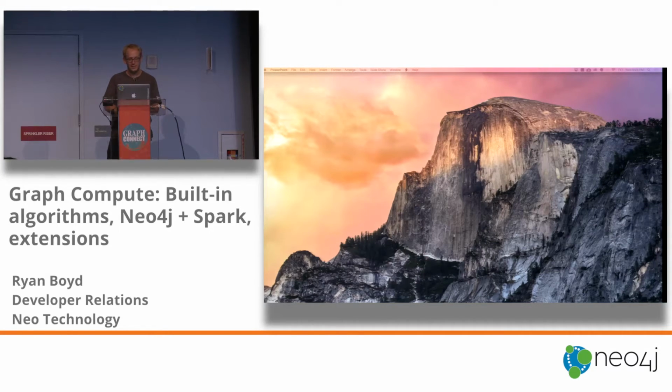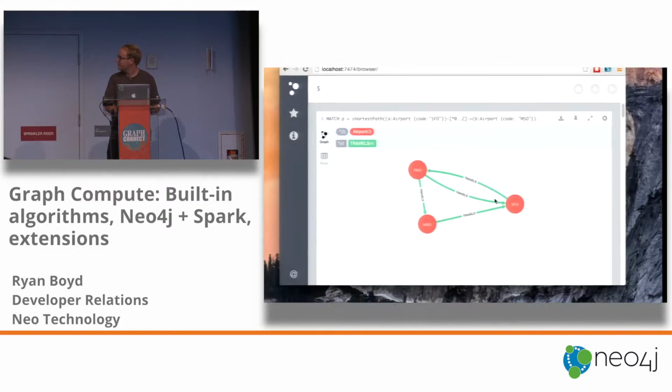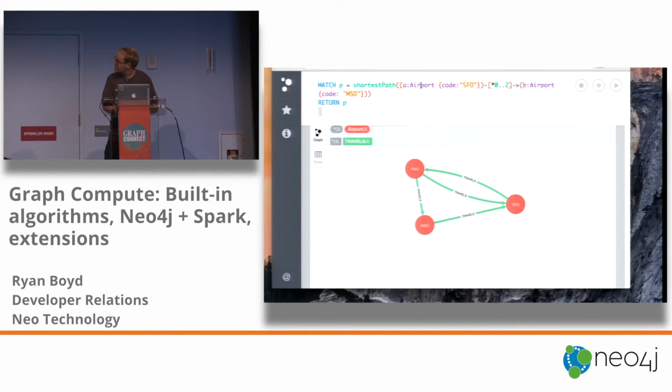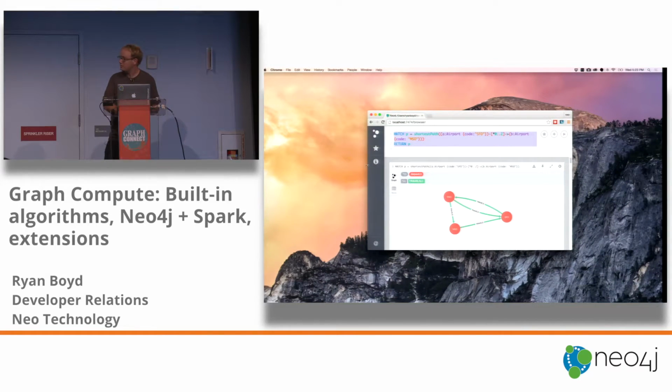Okay, let's repeat that. I can go from San Francisco to Missoula Airport through this RNO airport, which I don't know what it is. Reno, thank you. So that was that query.